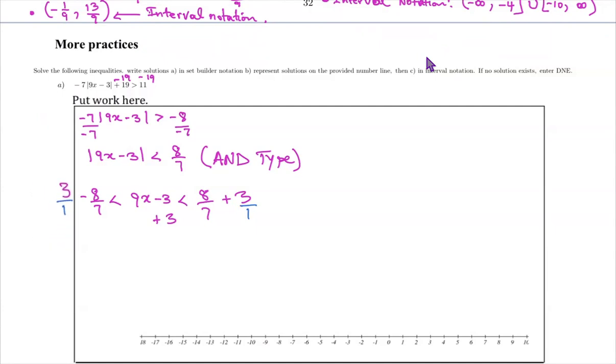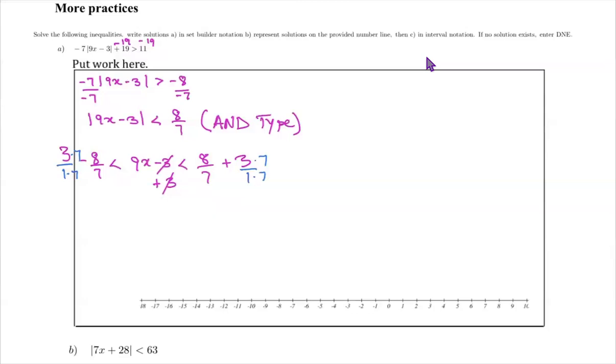So we can multiply by 7 top and bottom here so that we have the common denominator. Obviously, negative 3 gets canceled in the middle.